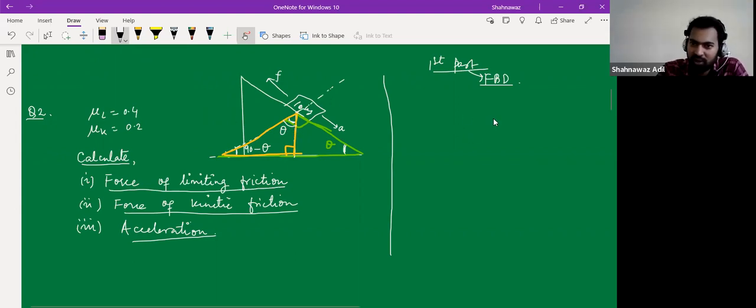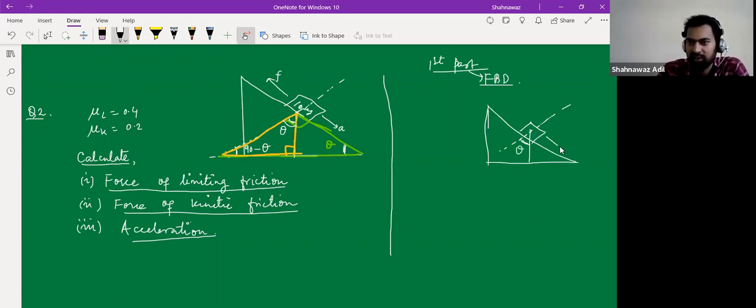So when you draw the free body diagram, let me make the diagram again. This angle is theta, and the acceleration is like this.